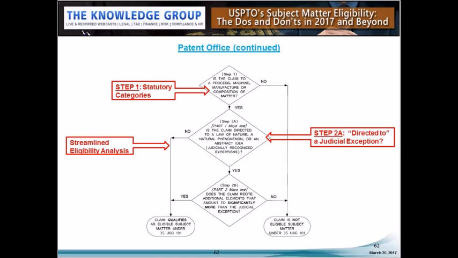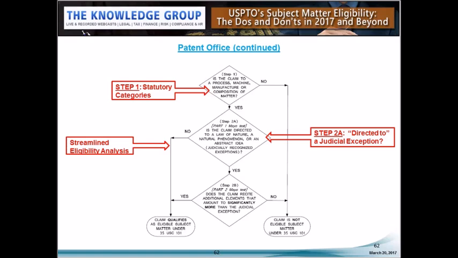And that is, in essence, the streamlined eligibility analysis. A lot of times examiners do not detail specific reasons for using this analysis, but they're encouraged by the guidelines to make a short comment on the issue. And as I noted, I'll be going over examples of that analysis later in this presentation.